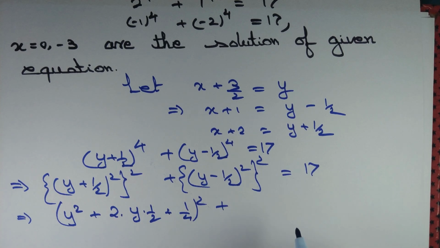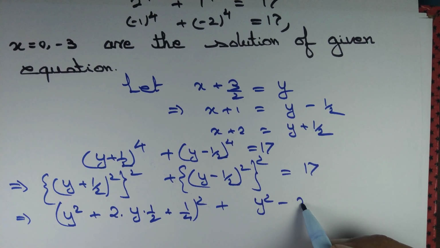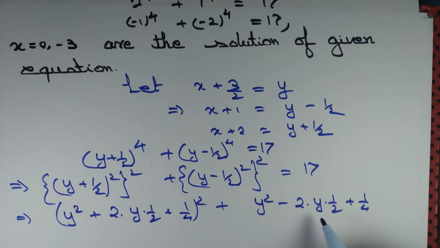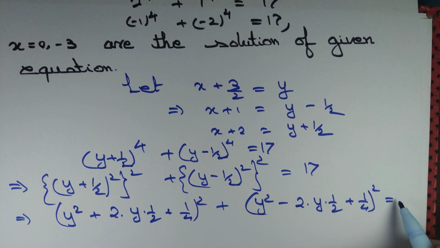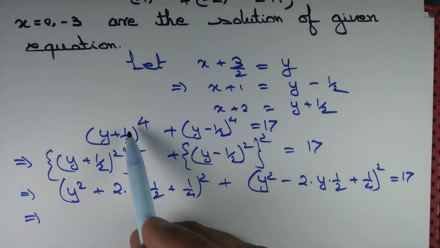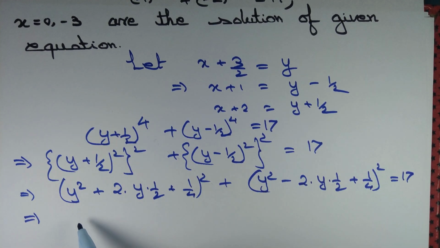The same thing here: a^2 - 2ab + 1/4, whole thing squared, equal to 17. If you know the binomial theorem, you could have moved directly up to this step, but we are doing it assuming that we do not know the binomial theorem. So we can cancel 2.